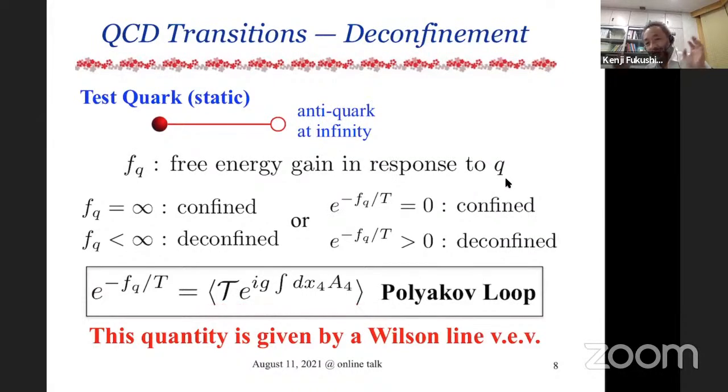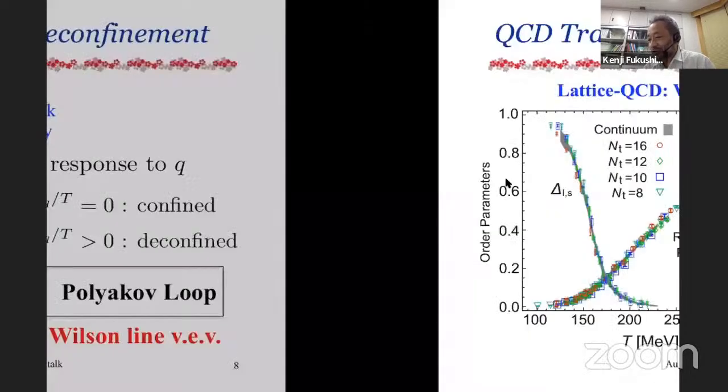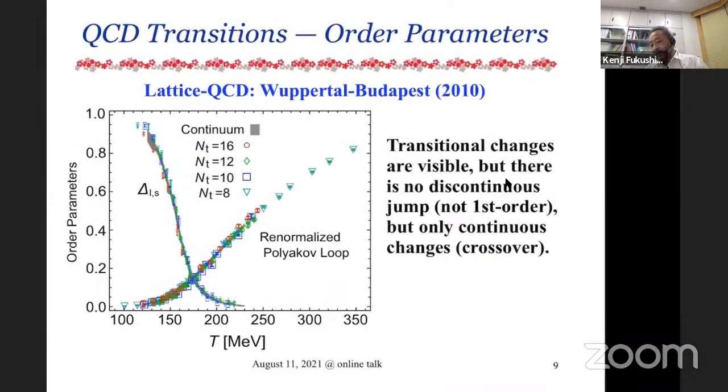In this way, you can introduce two order parameters to characterize the two QCD phase transitions. In fact, if the density is zero, you can perform the lattice QCD simulation, the first principles calculation, to see the behavior of these two order parameters.